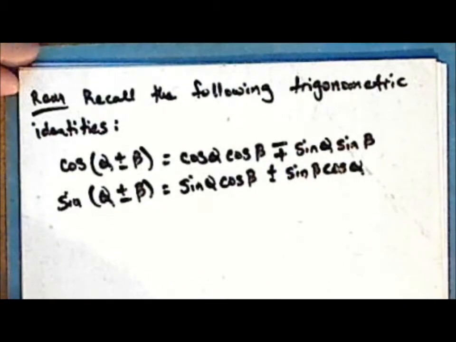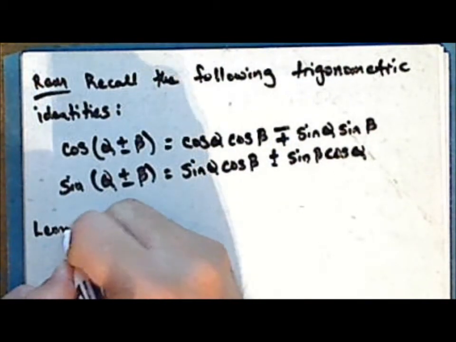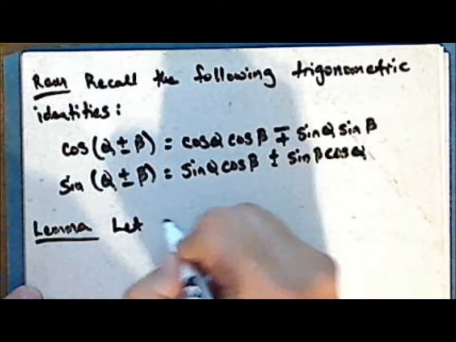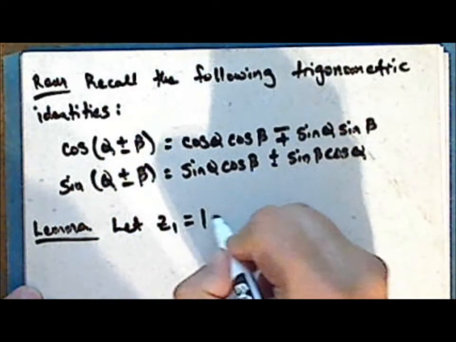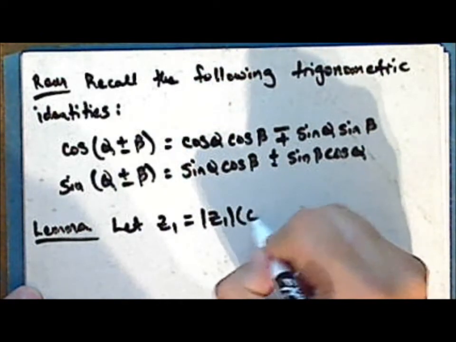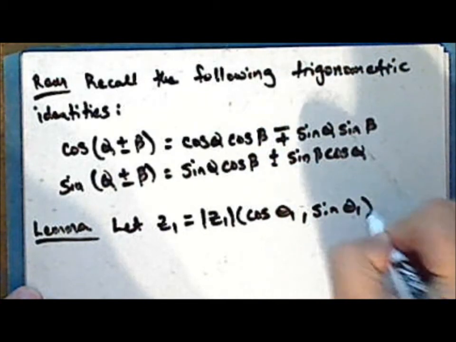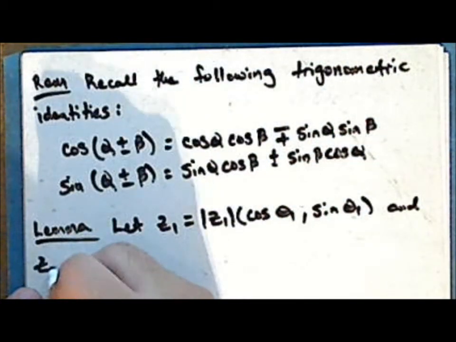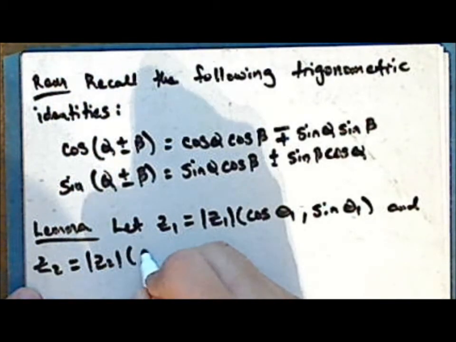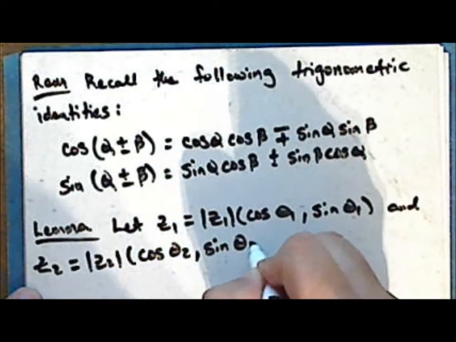Alright, so next we'll use these trig identities to prove a lemma. So let z sub 1 be the modulus of z sub 1 times the ordered pair cosine theta 1 sine theta 1, and z sub 2 be the modulus of z sub 2 times the ordered pair cosine theta 2 sine theta 2.